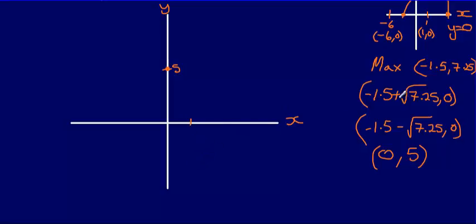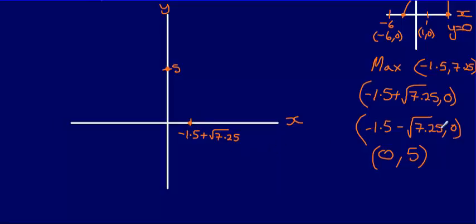And that is going to give us, minus 1.5, yeah, about 1 I think is right. So minus 1.5 plus the square root of 7.25. So that's going to give us another of our points.